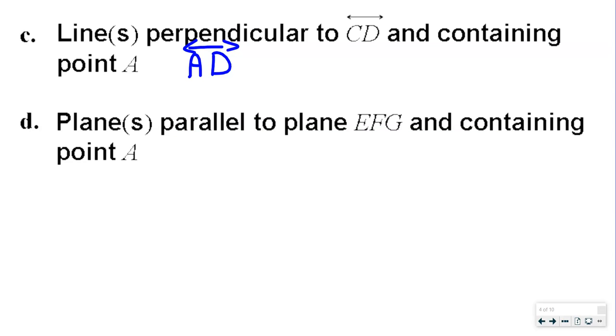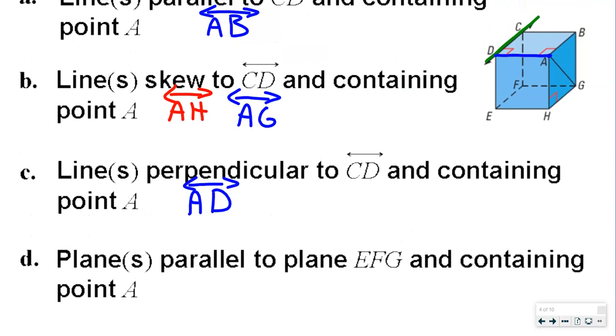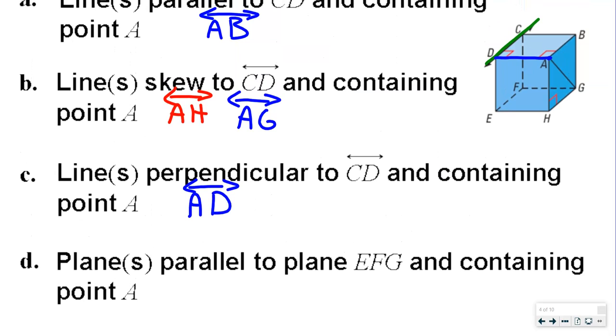Next, we need a plane or planes that are parallel to plane EFG and containing point A. So let's find out which plane EFG is. And then we need a plane that is parallel. So plane EFG is this plane down here on the bottom.